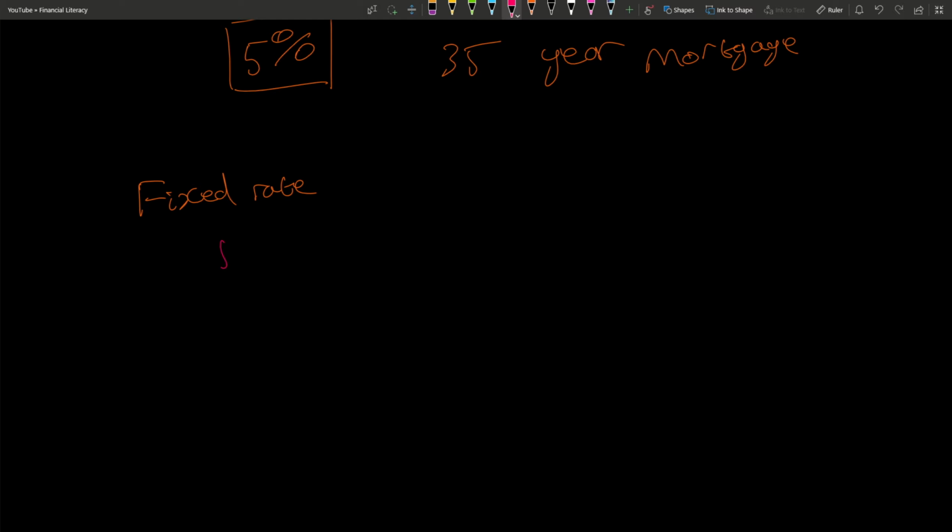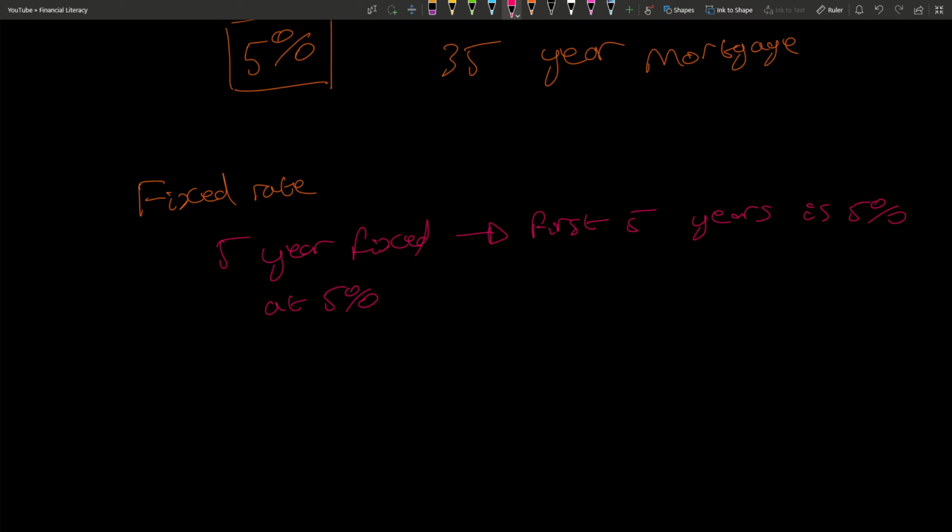So let's say it's a 5-year fixed at 5%, that means for the first 5 years, the interest you pay is 5% on the loan. And then for the remaining 30 years, it goes to a variable rate.